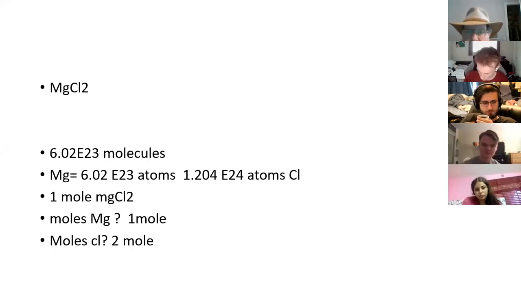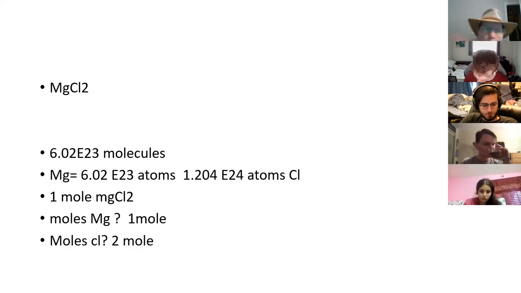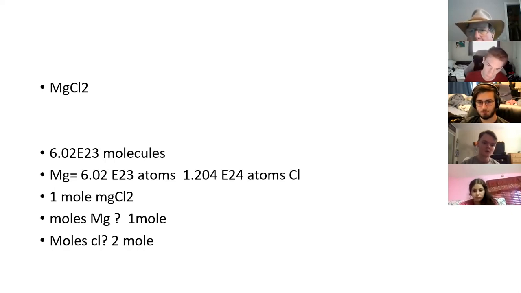So if I divide them by Avogadro's number, I get 1 mole of magnesium to 2 moles of chlorine. So in effect, when you look at the subscripts for any chemical formula, those are the molar ratio of the atoms to one another. Does that make sense to you guys? Yes.